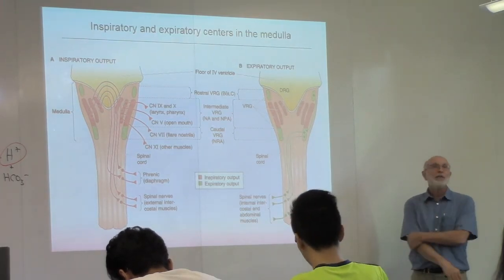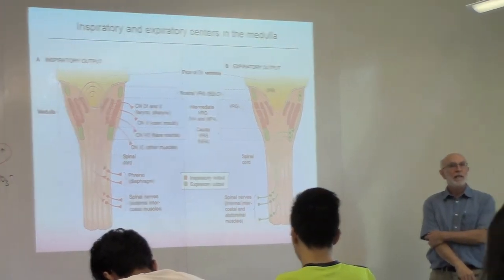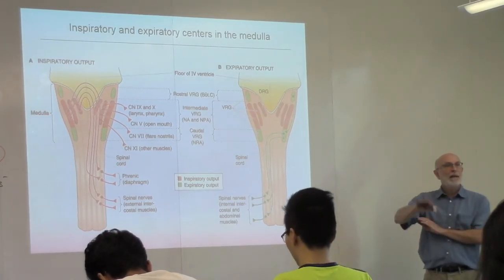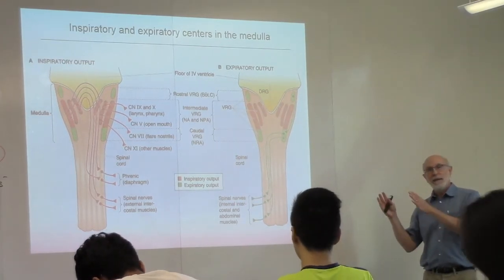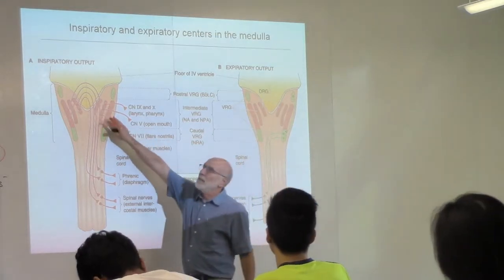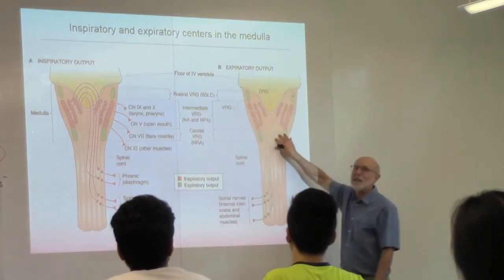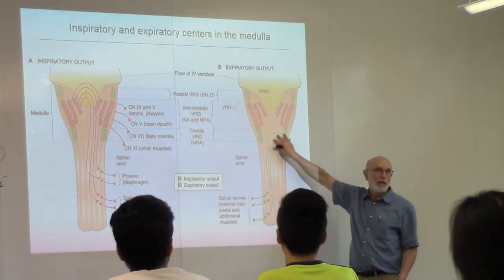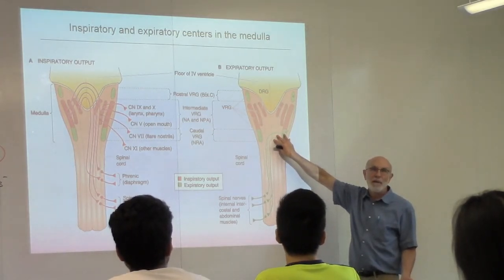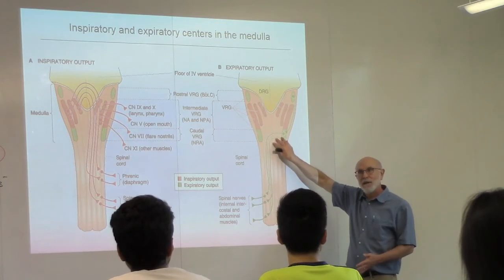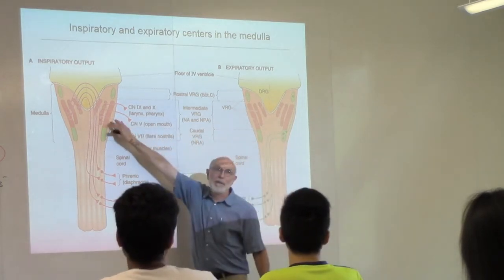It's actually a really interesting nervous system because it oscillates. The inspiratory neurons fire, and those inhibit the expiratory neurons because you don't want to do both at the same time. And then these turn off and these turn on.